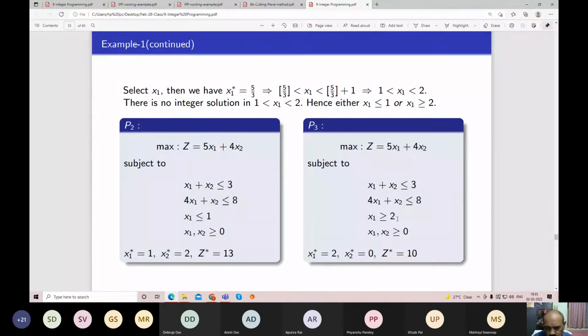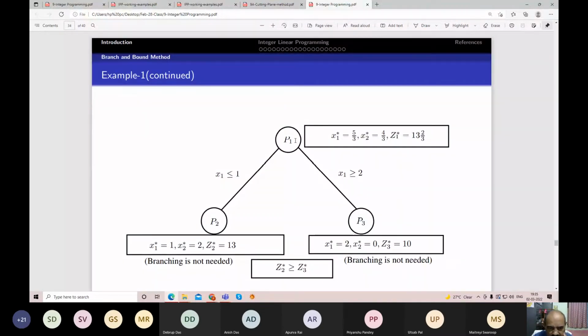So two different branches. P1, graphically it will be something like that. Left branch is P2, right is P3. In the left branch, x1 less than or equal to 1, and in the right branch, x1 greater than or equal to 2. Now we are solving two different problems.